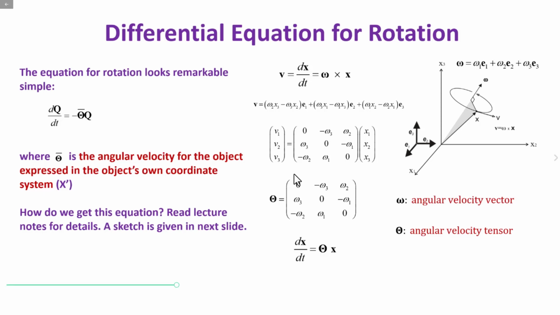The diagonal terms are all zero, and the off-diagonal terms are antisymmetric, which means there are only three independent components, omega 1, omega 2, and omega 3. The remaining three components are equal in magnitude, symmetric with respect to the diagonal line, and opposite in sign. So the angular velocity matrix only has three independent components, as the angular velocity vector does.